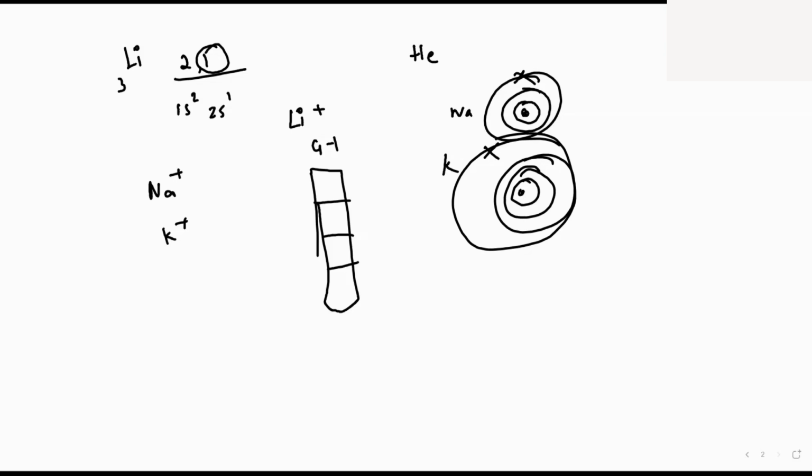The idea is, since the size is bigger, the valence electron is away, and also the number of inner electrons is higher, so inner electron shielding is higher. Shielding effect is there, and the size, the distance. So that makes potassium remove the electron much easier. Very good.